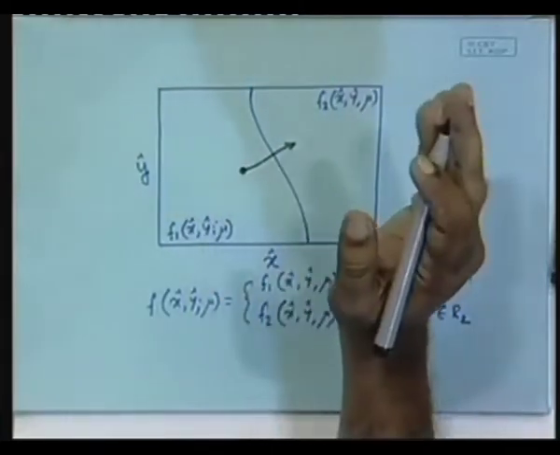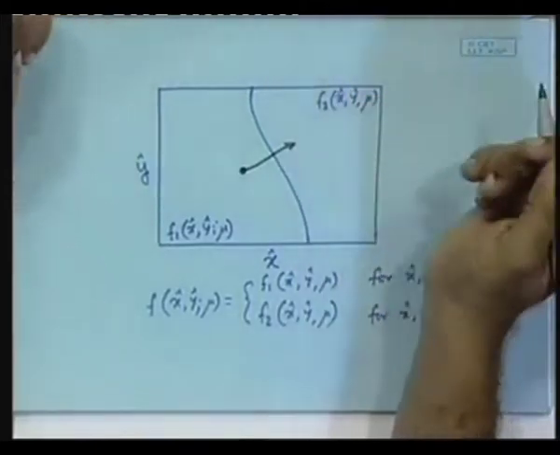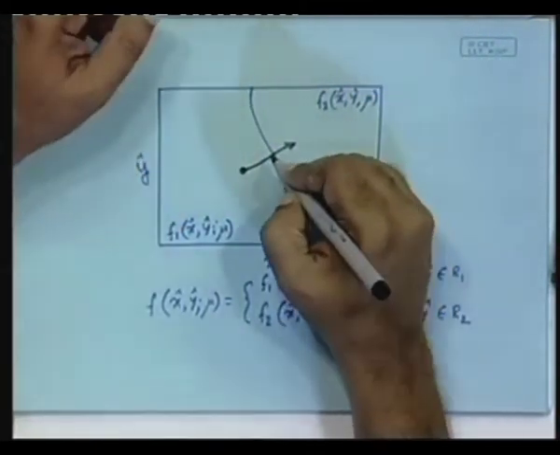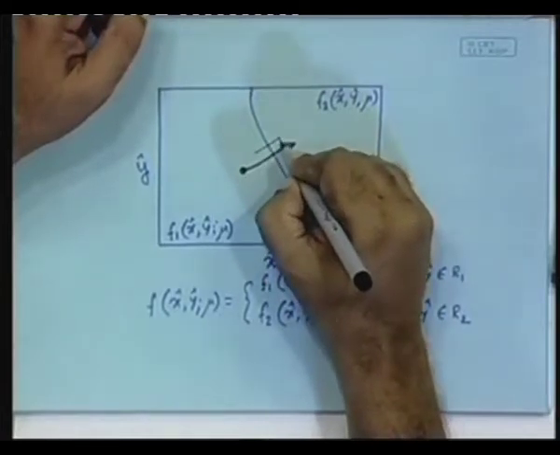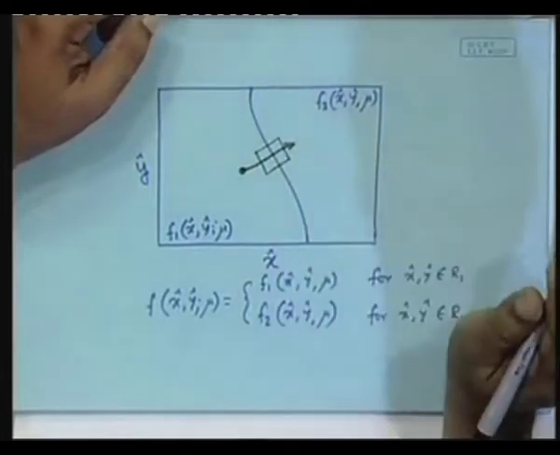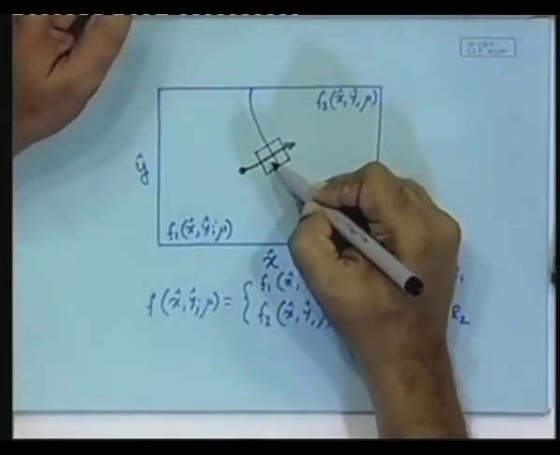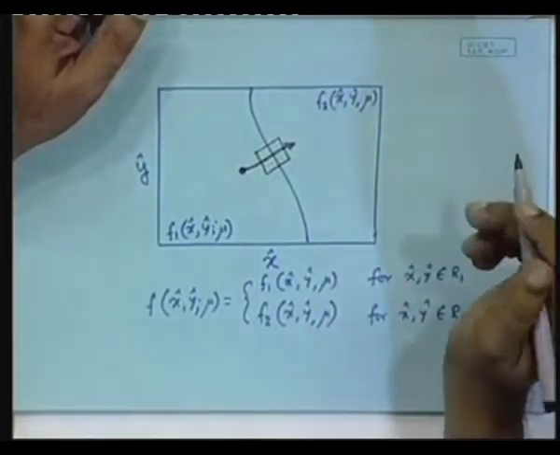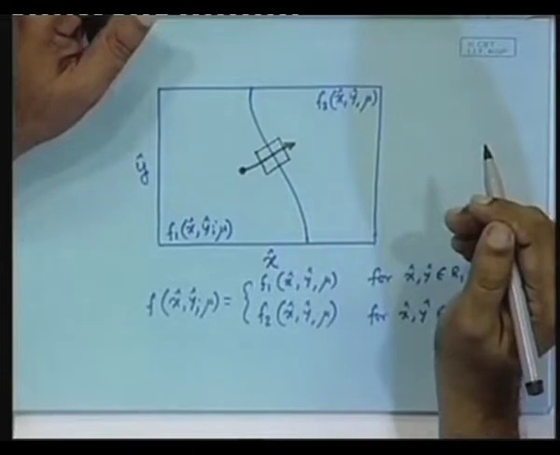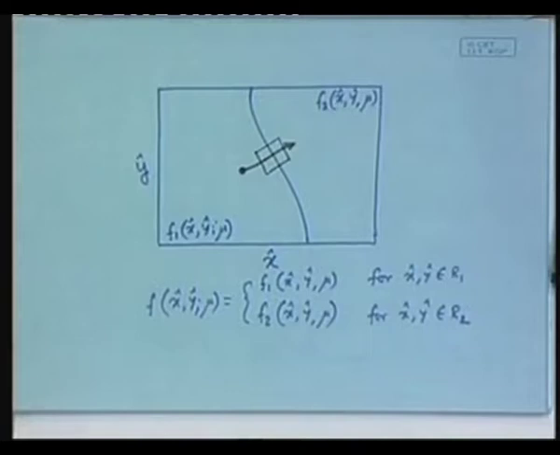Now, in order to obtain the normal form, the logical course of action should be that we will take only the local linear neighborhood of the border crossing fixed point. We will only consider the local linear neighborhood of the border crossing fixed point. Clear? Fine.